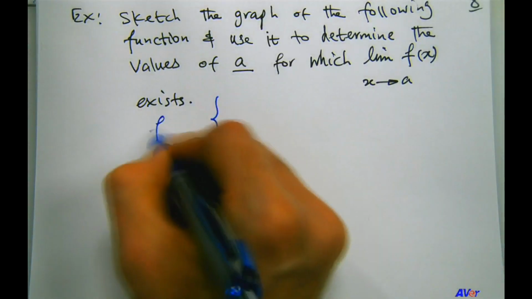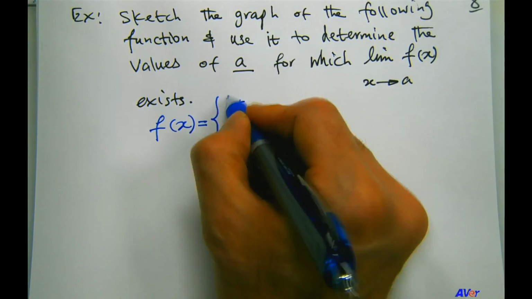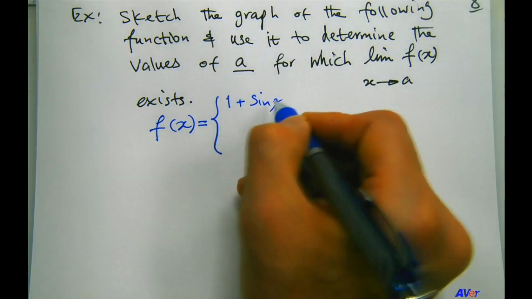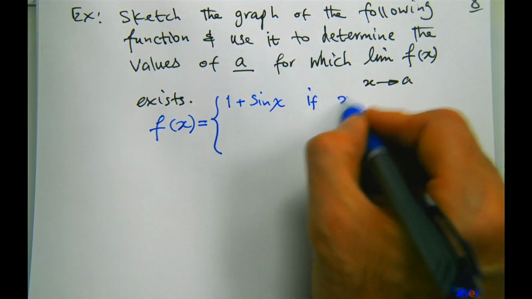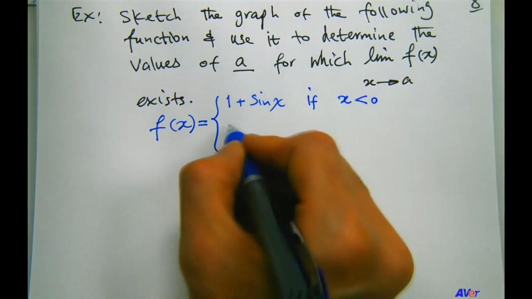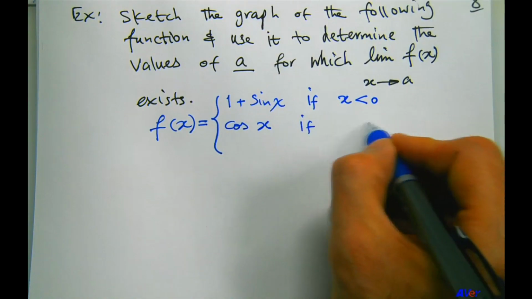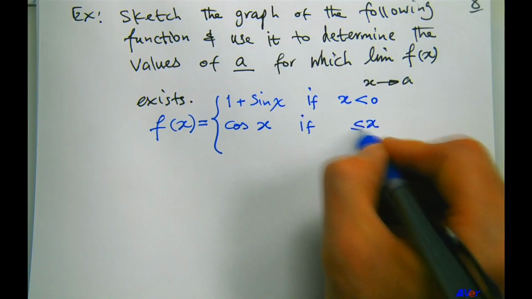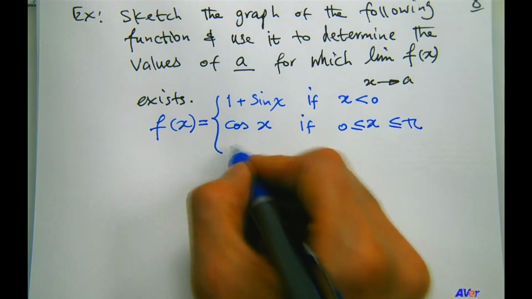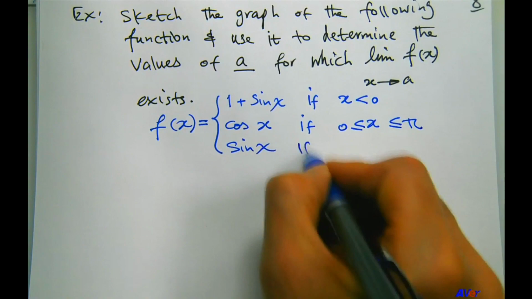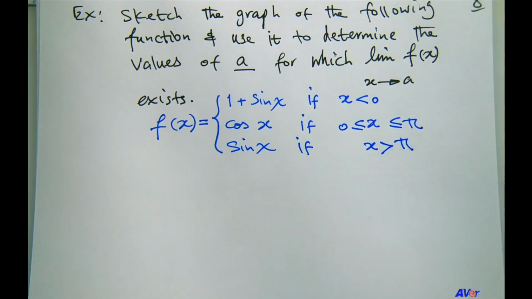We have f of x equals 1 plus sine of x, so this is from our trig class, if x is less than 0, cosine of x if x is between and equal to 0 and pi, and sine of x if x is greater than pi.